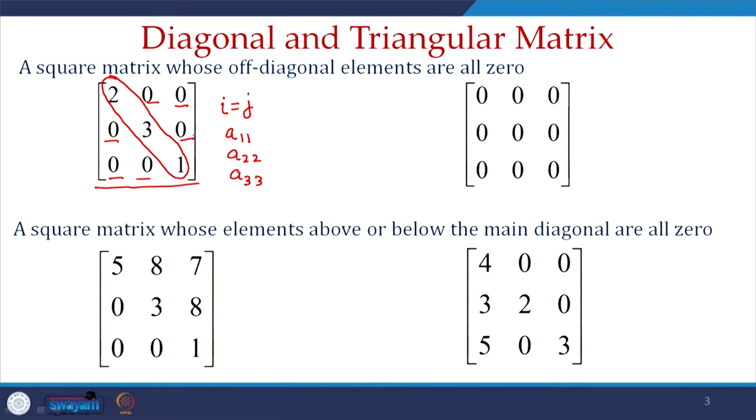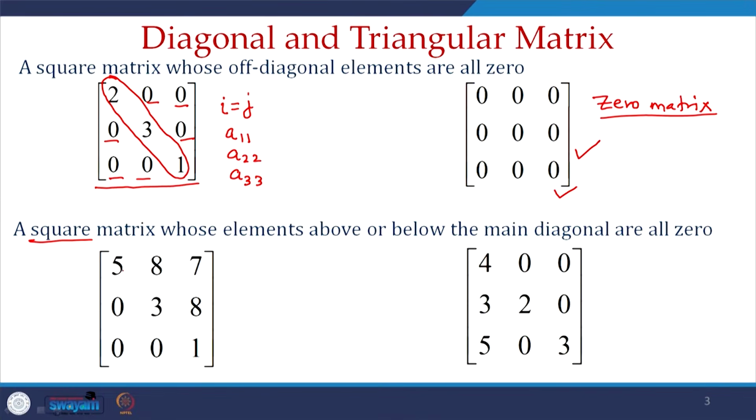You can see in this matrix all the off-diagonal elements are 0. This is a zero matrix of order 3. In a zero matrix all the entries are 0, and again it is a diagonal matrix, because in a diagonal matrix all the off-diagonal elements are 0.